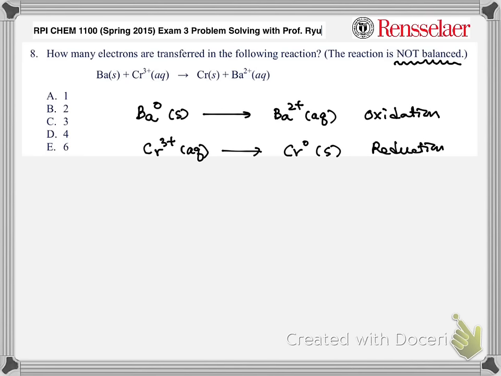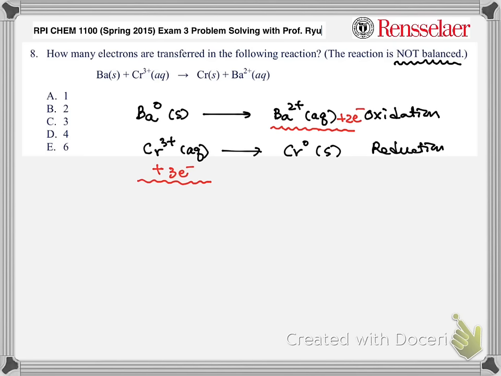So in this case we have to balance the charge. For the first one up there, let me use a different color. In order for 2 plus to be neutral on the other side, you need 2 electrons to cancel out, so the right hand side and the left hand side are 0 in both cases. For the chromium, you need 3 electrons to make it 0.